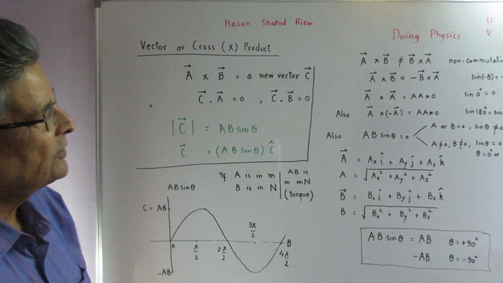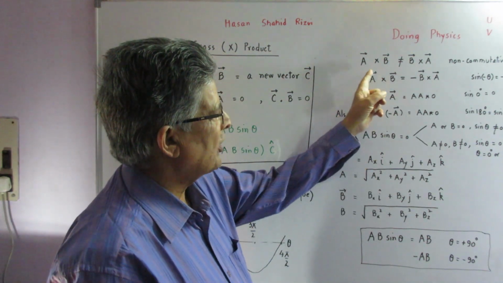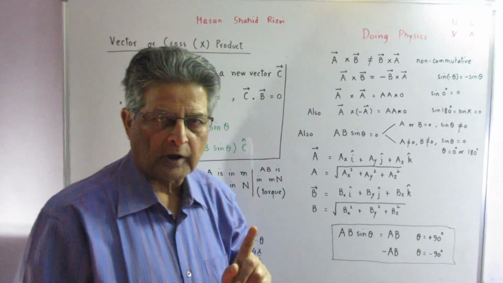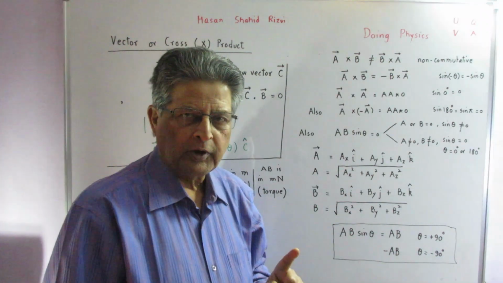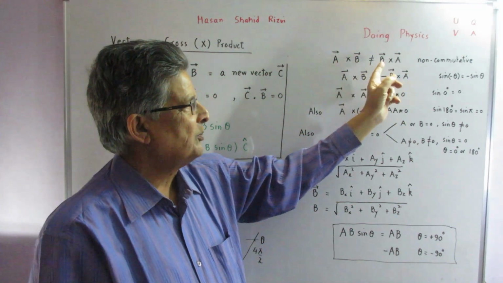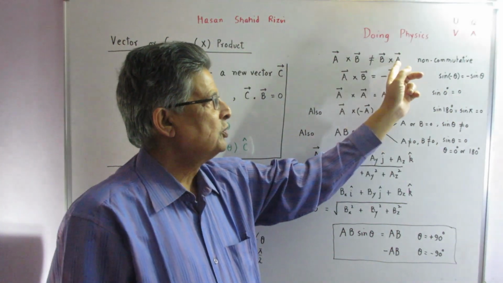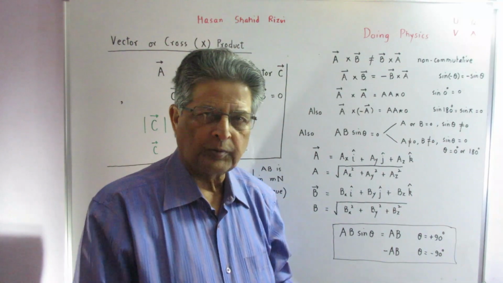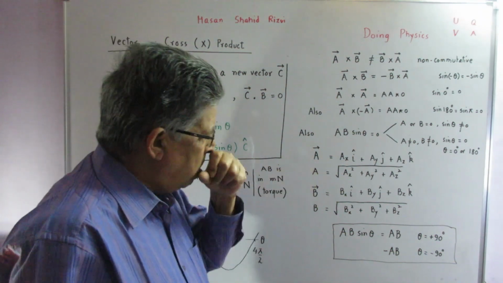Now, I also established for you in due course that vector A cross B is not equal to vector B cross A. In the case of the dot product, I had A dot B equal to B dot A, because A dot B was equal to AB cos theta and B dot A was equal to AB cos of minus theta, which is again equal to cos theta. So the dot product is commutative, whereas the cross product is non-commutative.